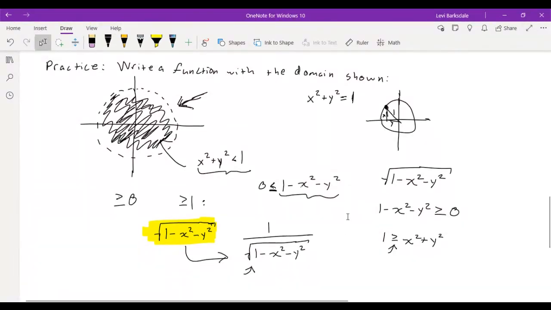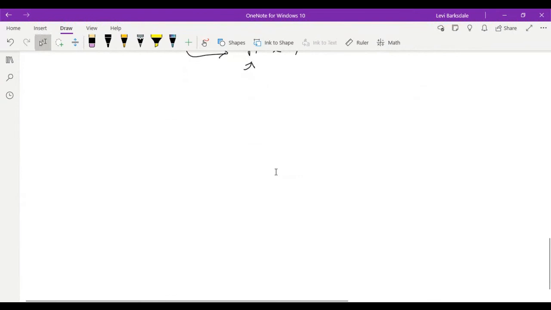All right, but let's move on from domains. We're going to briefly touch on function composition, which is pretty interesting.